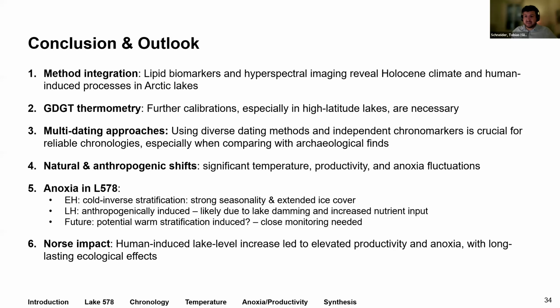And in terms of science, we basically learned that there are strong natural and anthropogenic shifts in this lake, particularly for anoxia. In the early Holocene, it was probably caused by cold inverse stratification or strong seasonality and ice cover.